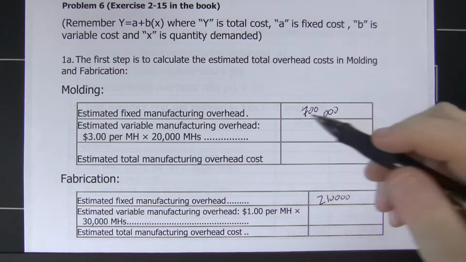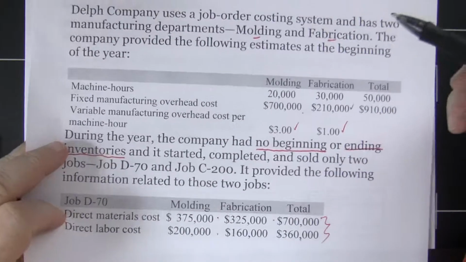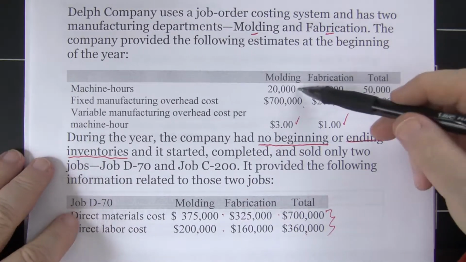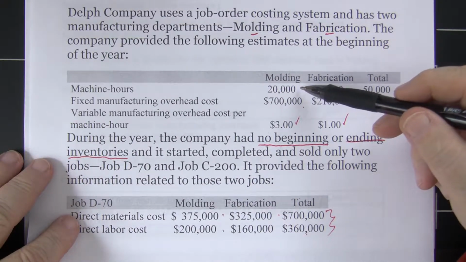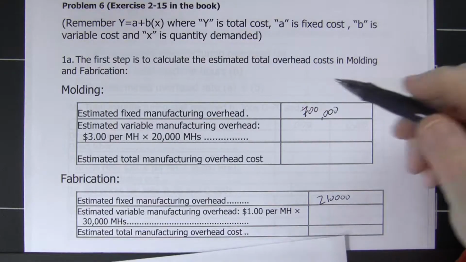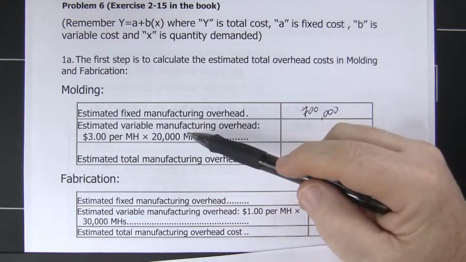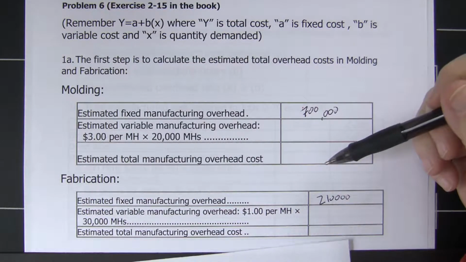And then they estimate at $3 per hour, and they estimated that they were going to have 20,000 hours in molding and 30,000 hours in fabrication. So we're going to multiply the $3 times 20,000.